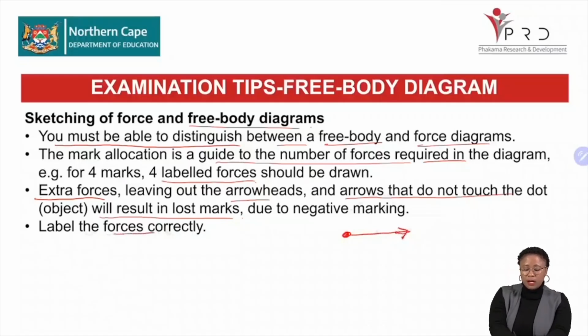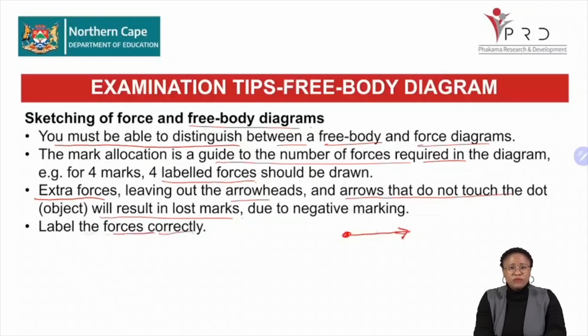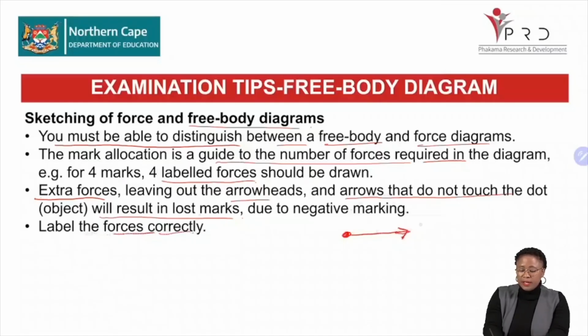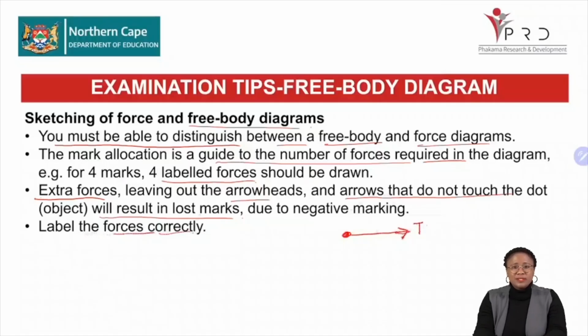Label the forces correctly. This is very important, especially when labeling a free body diagram. For a tension force, use T. Represent the normal force with capital letter N, and weight with small letter w or Fg. It is very important for you to use the correct labels.